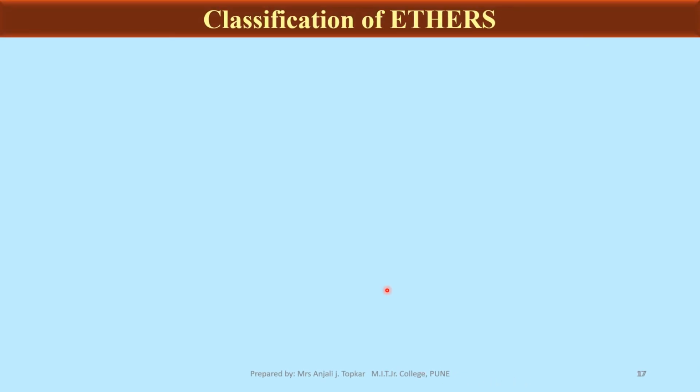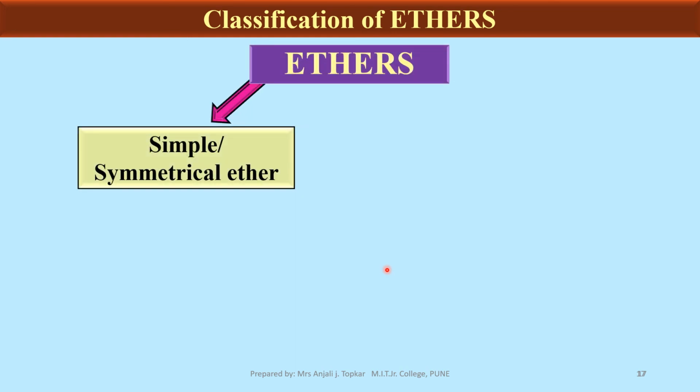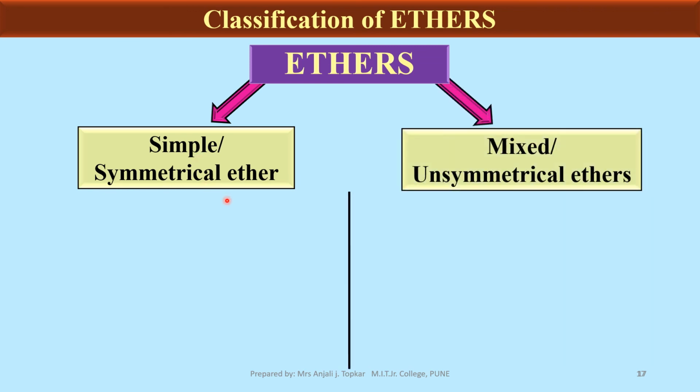Let's further understand the classification of ethers. Simple or symmetrical ethers, or mixed or unsymmetrical ethers. Example, CH3OCH3. Since both the groups attached here are similar, they are said to be simple ethers. These groups attached are methyl groups.